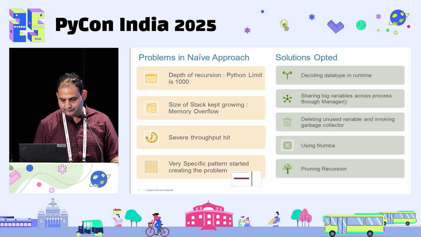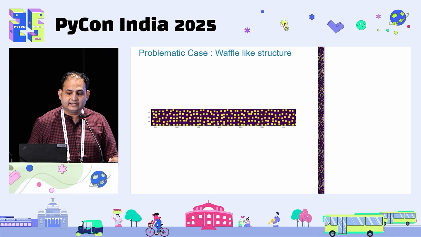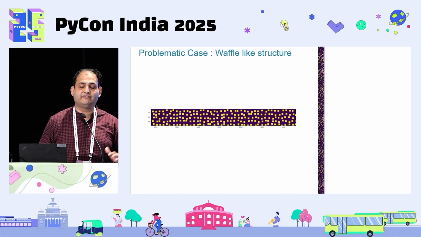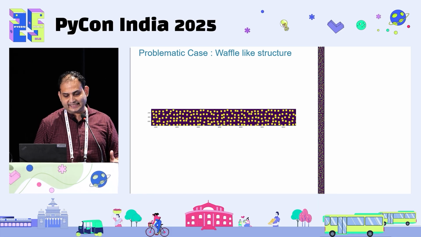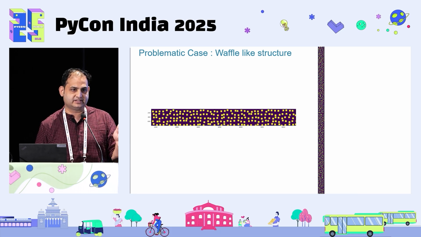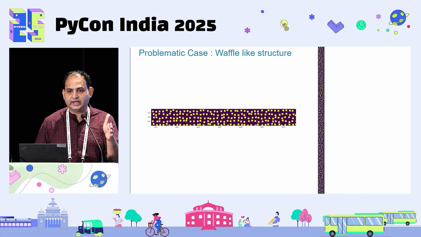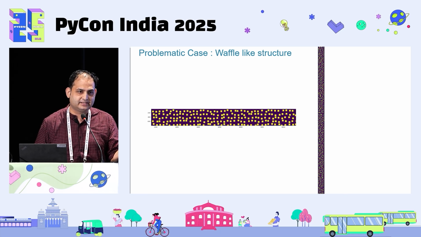What is that problematic structure? It is a waffle-like structure. Why am I calling it a waffle? Let's see the structure. This whole purple area is my area of interest, and all the yellow area is not my area of interest.